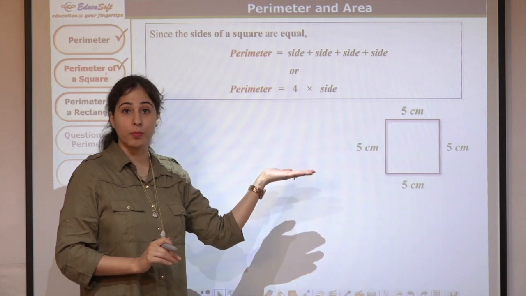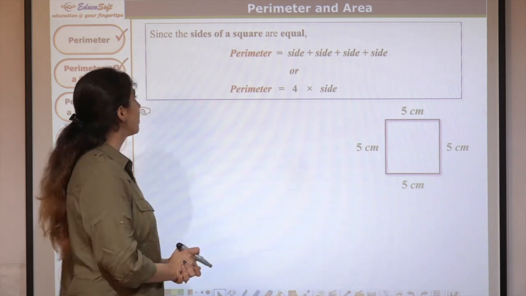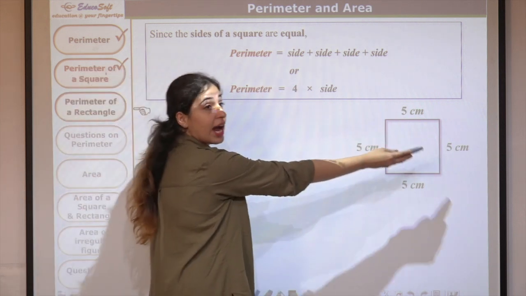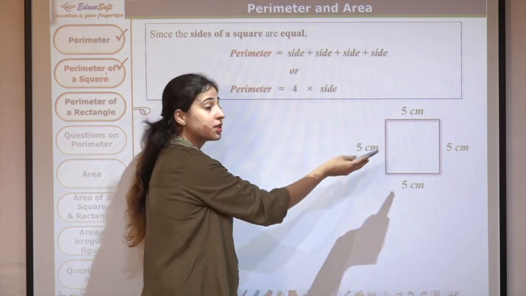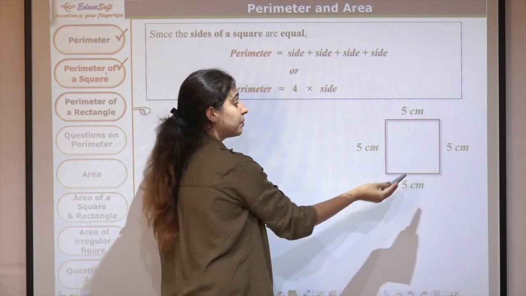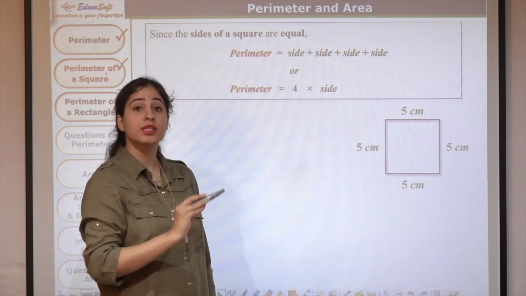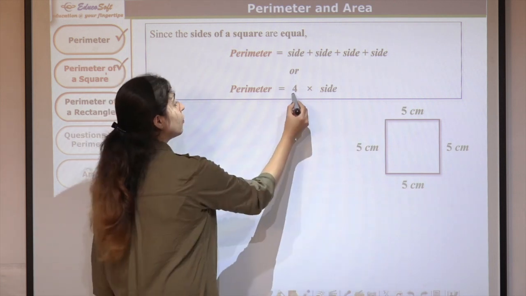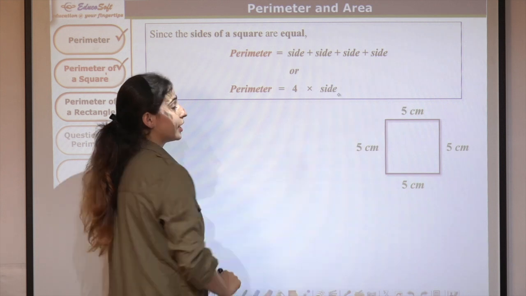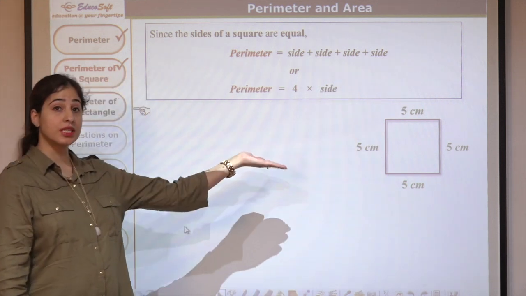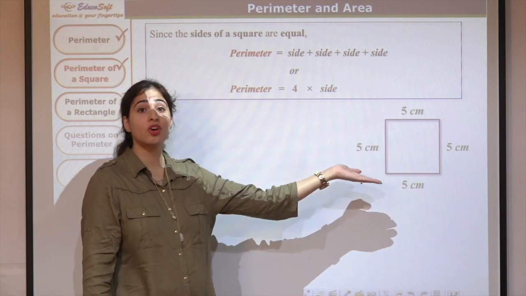Let us derive the formula of a perimeter of a square. Perimeter means we add up all the sides. So, we have side plus side plus side plus side, or simply 4 times the side. Let us solve this example and find the perimeter of this square.